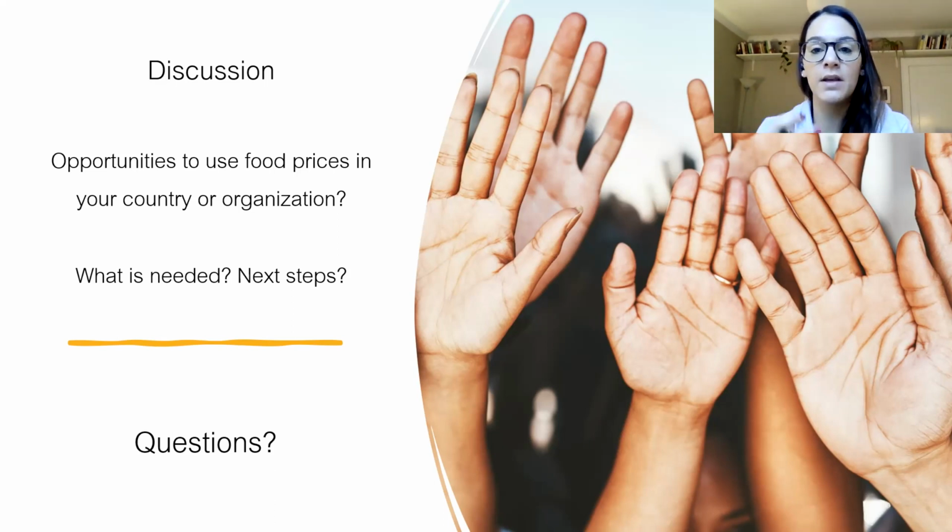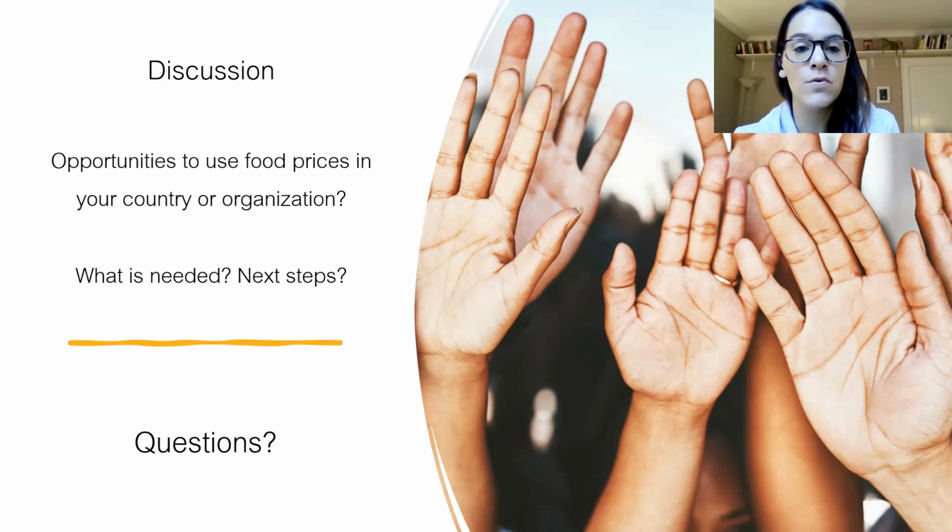So to the extent that governments can make some of that data available that they're already collecting, even if it's not the full food list that they're using for their CPI, or maybe not all of the food prices in their market information system, there are countries that have online portals where that data is available. For example, I think I showed a screenshot of the Burkina Faso portal where that information can be viewed by anyone online at any time.